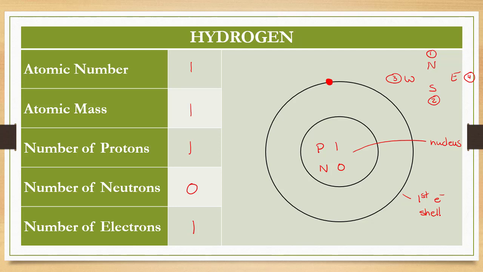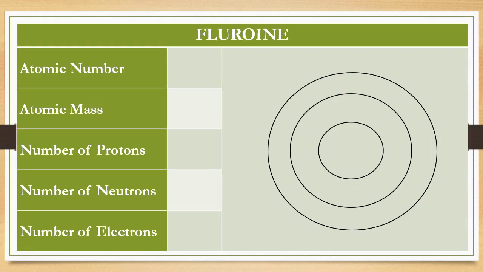So let's look at a harder example, and by harder, I only mean it has more electrons. The process is still the same. So our second and final example for this video tutorial is fluorine. So again, you're using your periodic table to come up with your answers on the left here. So fluorine has an atomic number of 9. It has an atomic mass of 19.